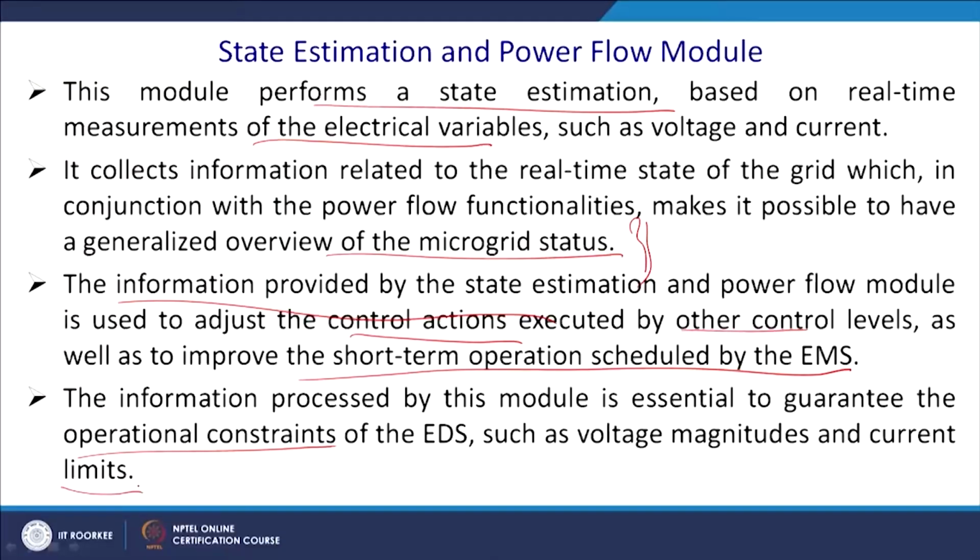We have to check how much the load current in a particular node has increased and whether it can be accommodated. In the same way we have to check the node voltages, how much they have dropped. If it is an acceptable drop, we will go for accommodating another load.